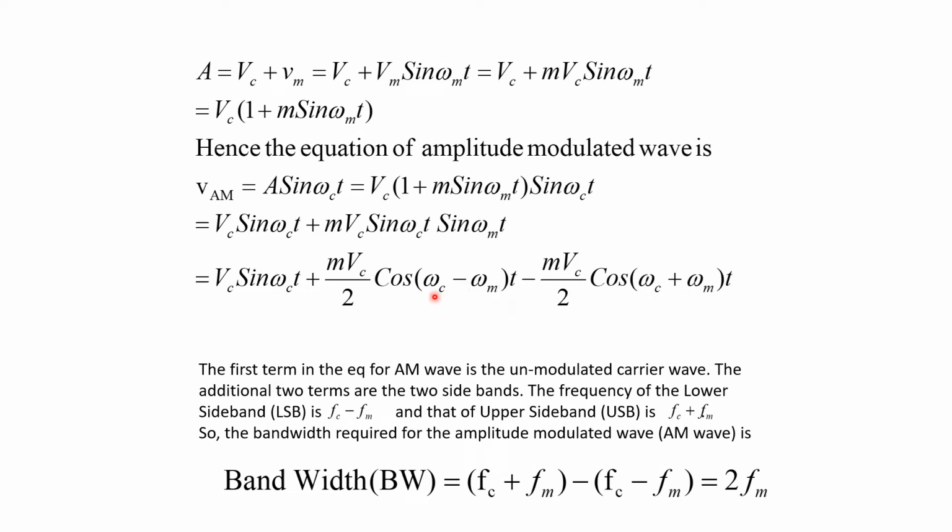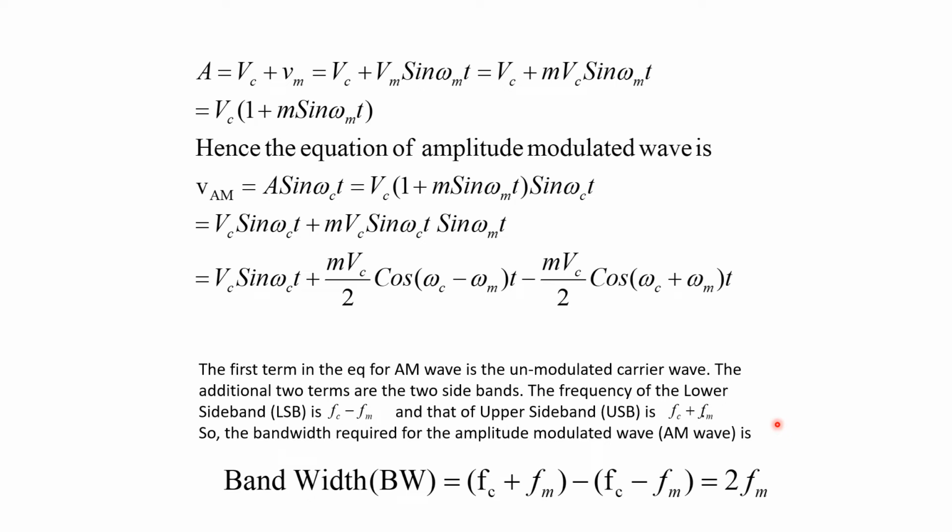The lower sideband has the angular frequency omega c minus omega m, and the upper sideband has the angular frequency omega c plus omega m. Or if we use simple frequency in place of angular frequency, the lower sideband has the frequency fc minus fm, and the frequency of the upper sideband is fc plus fm.